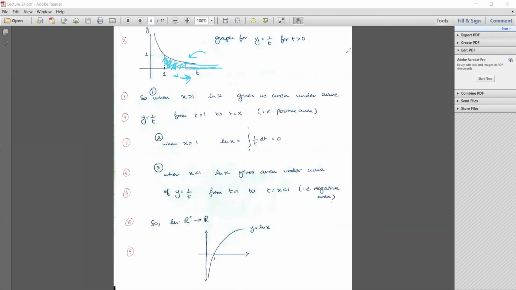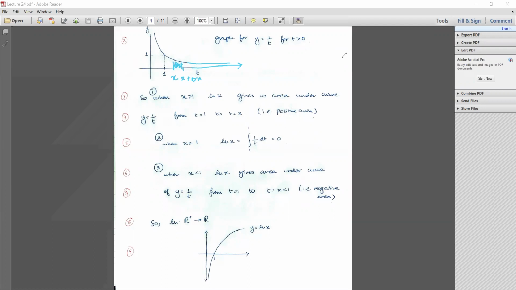For example, if this is x and then I add x plus delta x, this change in area keeps becoming smaller and smaller as x becomes larger, because my graph gets closer and closer to the x-axis. So the additional area that you're adding as x gets larger becomes smaller.